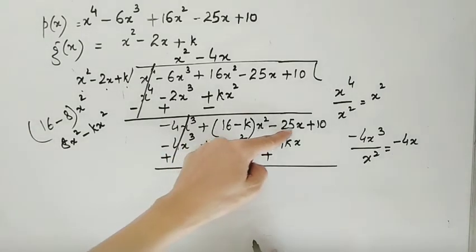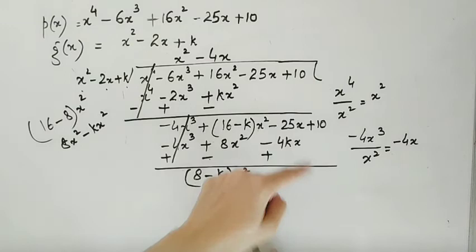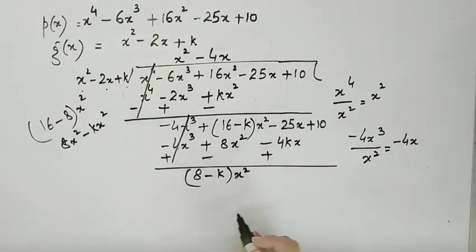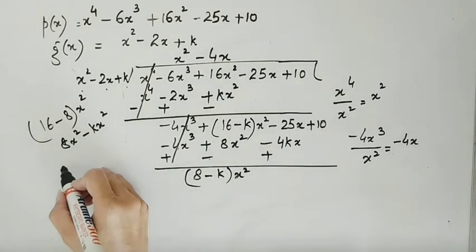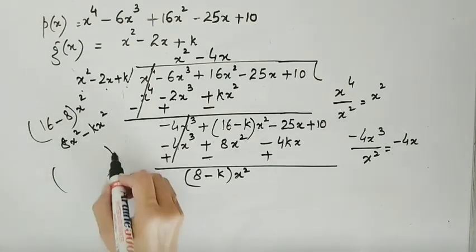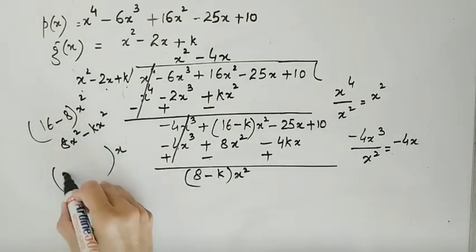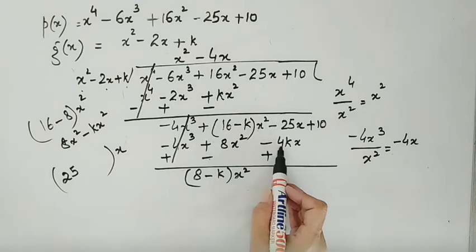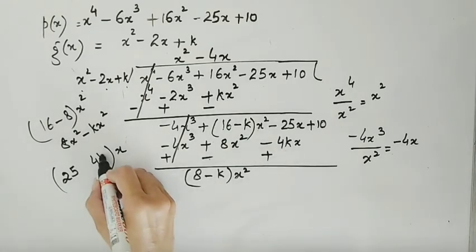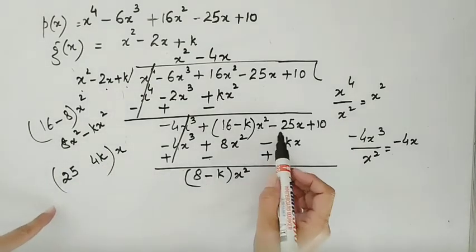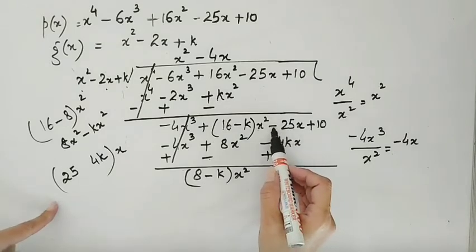Now minus 25x plus 4kx. How would you write this? In this case also, if I write x common, this would become 25 and 4k. Let me take negative also common because the first term over here is containing a negative sign.